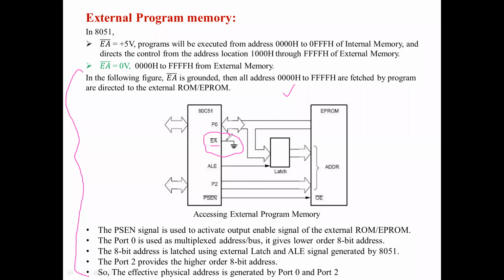If it is grounded, then your controller will fetch the instruction from location 0000H to FFFFH. The capacity is around 64K bytes of locations.